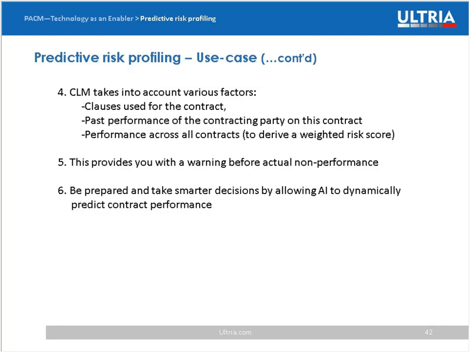This trend information gives you enough warning so that you can jump in front of a non-performance event, because as much as a penalty clause is useful and as much as the penalty amount may be valuable, we put penalty clauses in place, we put obligations in place to maintain our businesses.